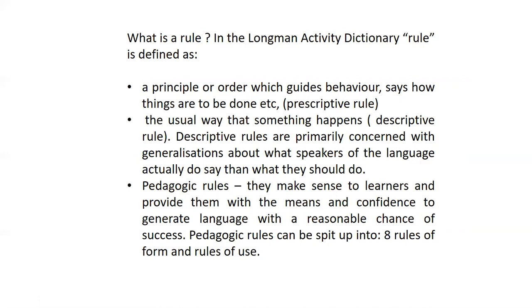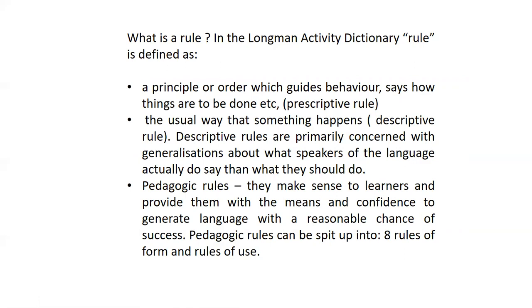Since you are told what to do, you are prescribed to do that, right? You are obliged to do that because that is the rule and that is an order. So that is a prescriptive rule. Next, the usual rule is also the usual way that some things happen.